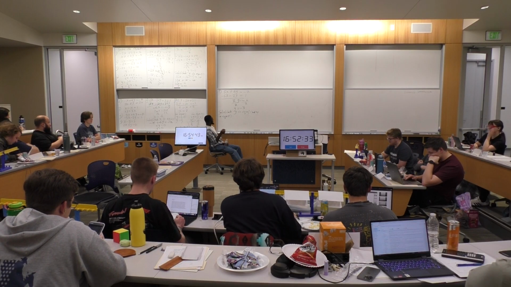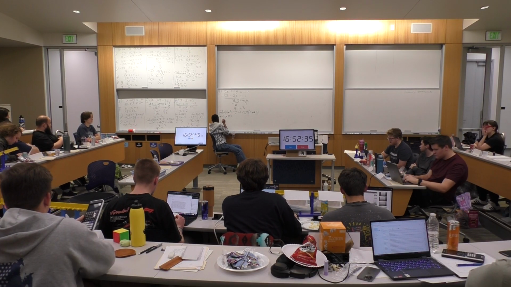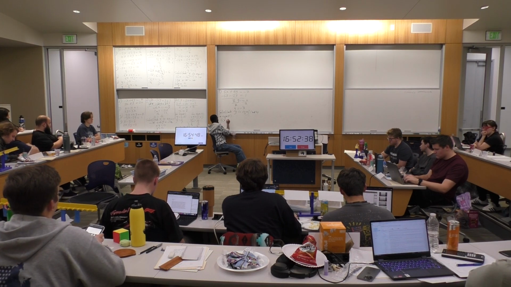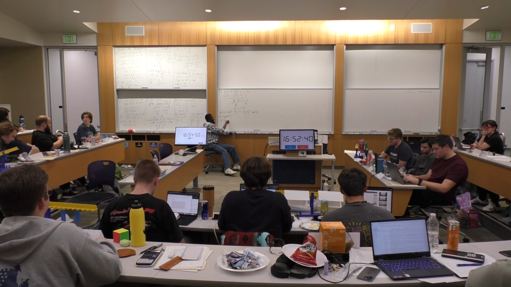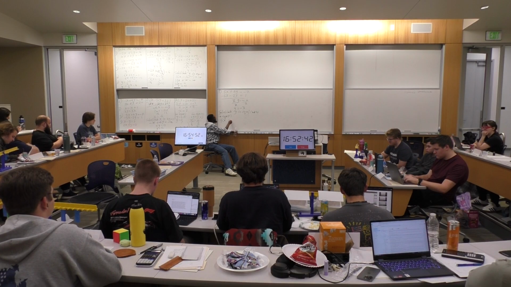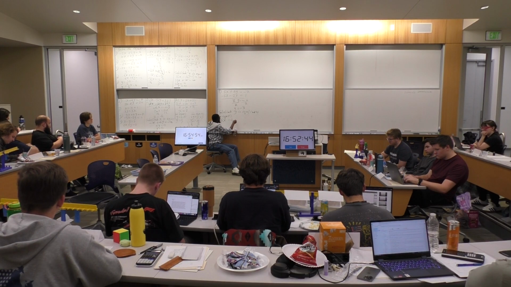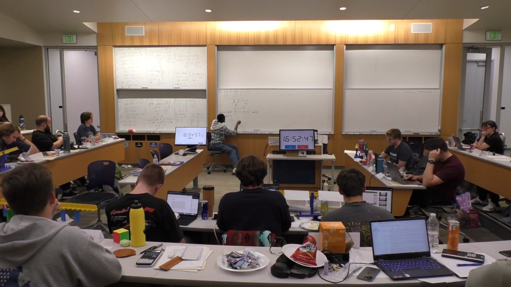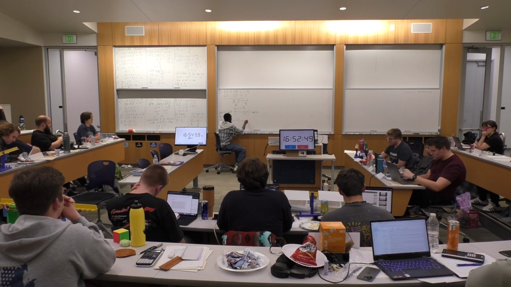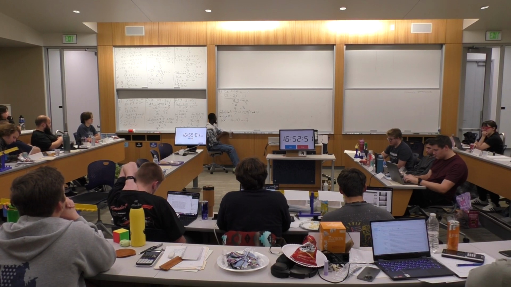So for equation 1, we have 5x positive 4 negative y equals negative 7.